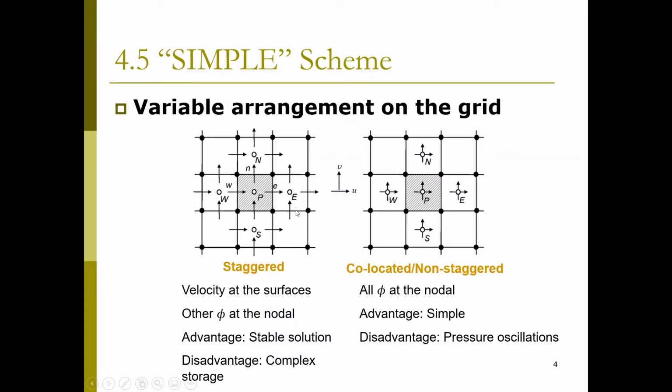We have a lot of control volumes, like nine, and we focus on this one at the center here. The velocity field is stored at the control volume surfaces. Meanwhile, other variables such as pressure, temperature, and turbulent quantities are stored at the center of the control volumes.